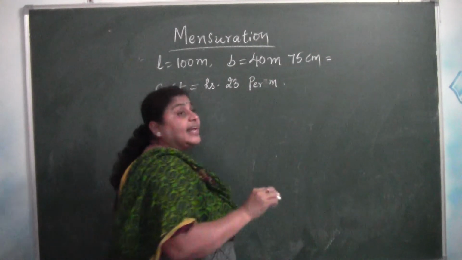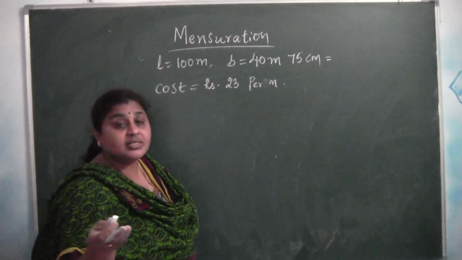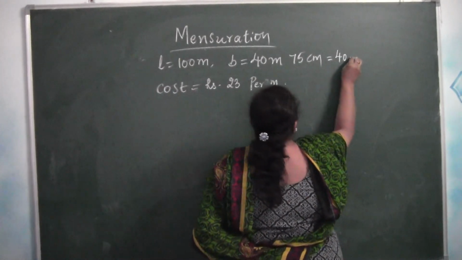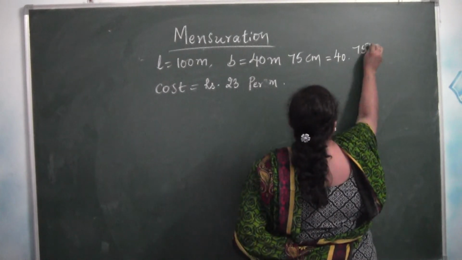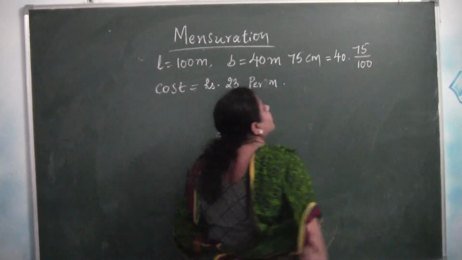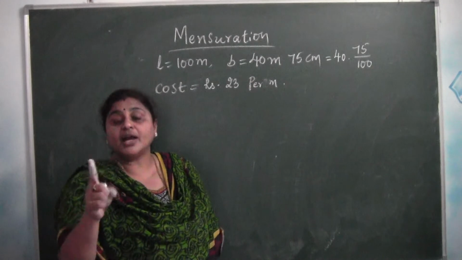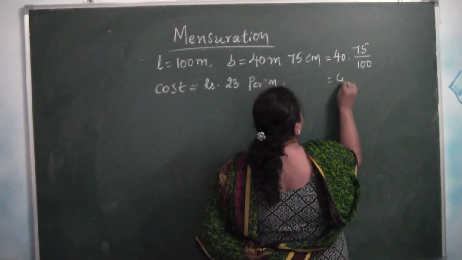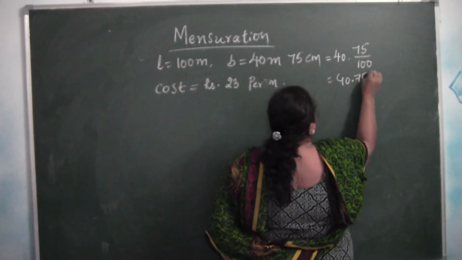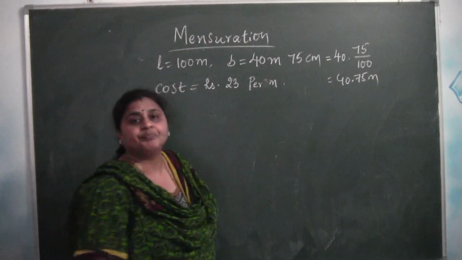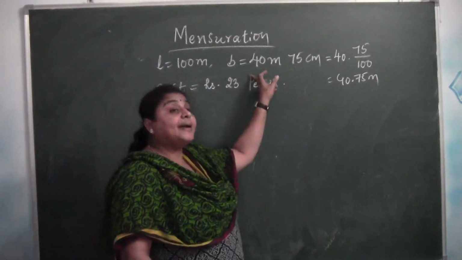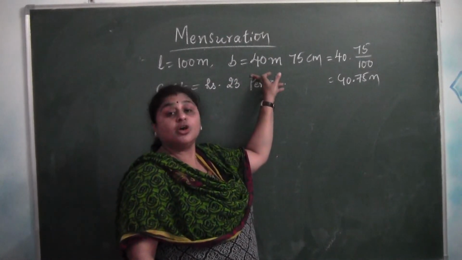If you remember decimals, the usage of decimals I have taught you. Already 40 is in meters. So what I am doing? 75 I am dividing by 100. Why? Because 1 meter is 100 centimeters. So how do I write this? 40.75 meters. Got it? Now length is in terms of meters, breadth is also in terms of meters.